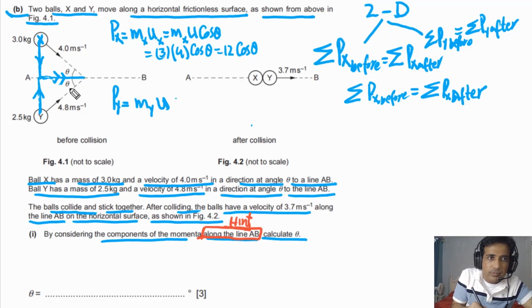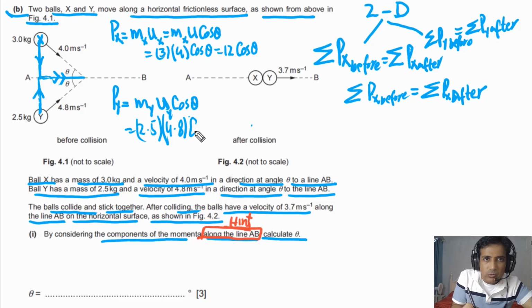So with respect to this angle, that will be uy cosine of theta, the velocity of y. Now in this case, mass of y is equal to 2.5 and the velocity of y is 4.8 cosine of theta. So this is momentum before.